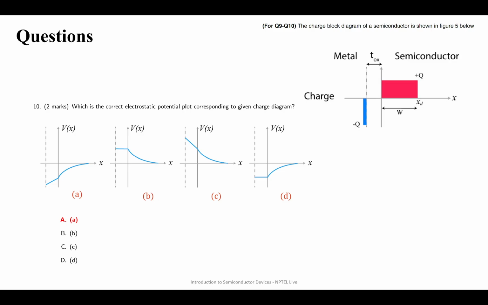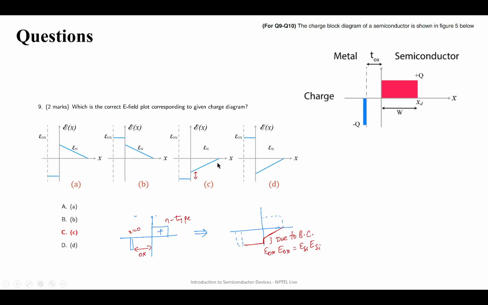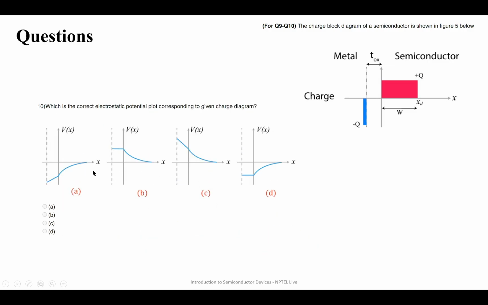The correct answer here would be A. As you start from the right and integrate, you have a constant line, so when you integrate it, you will have a linear line.